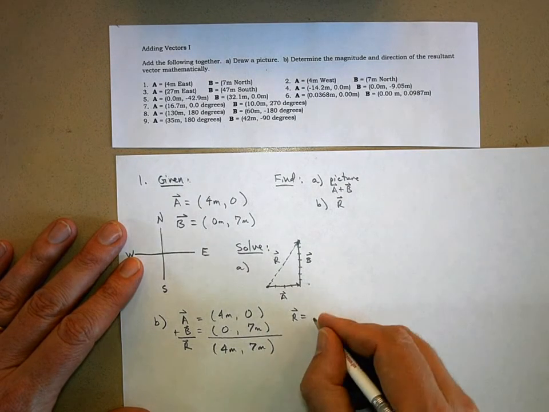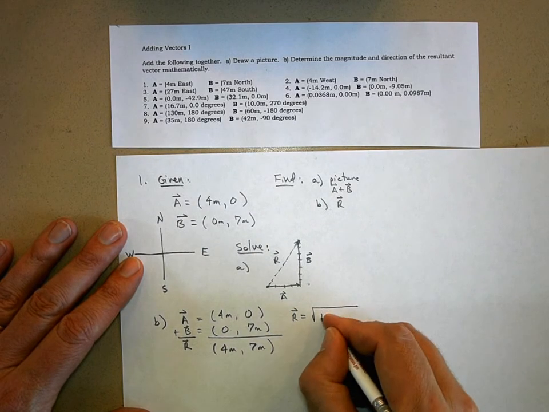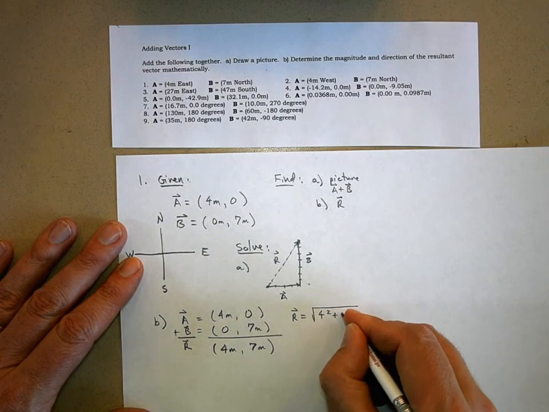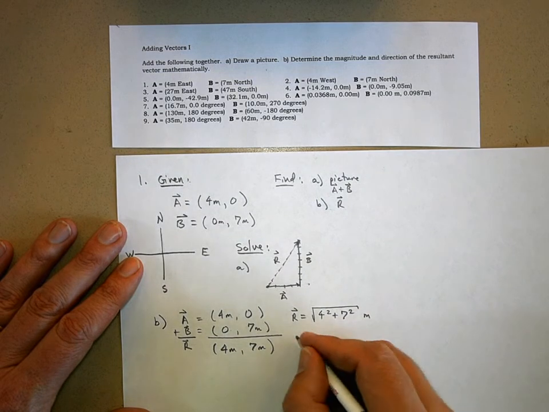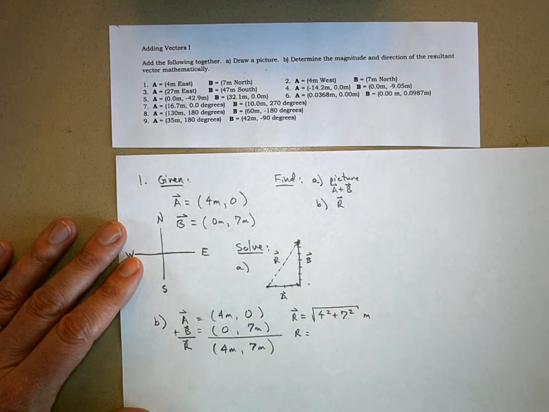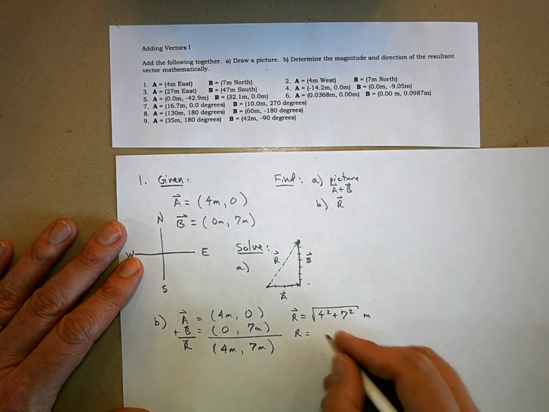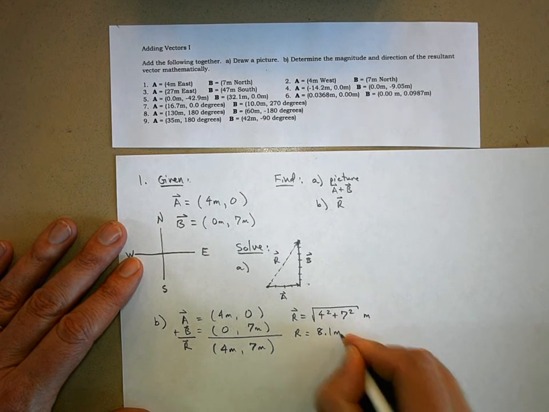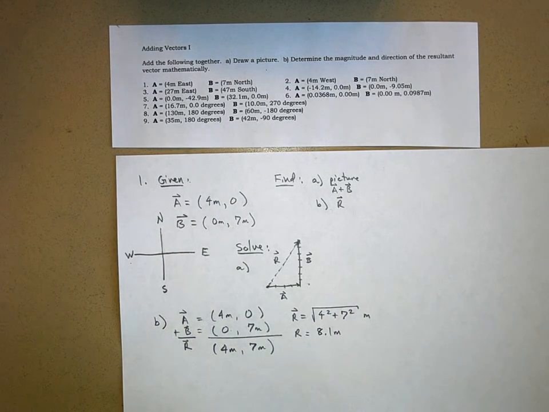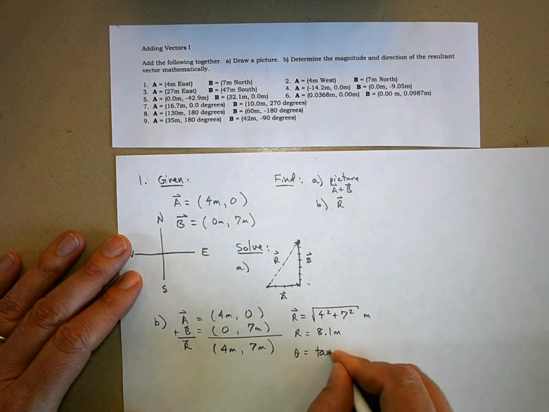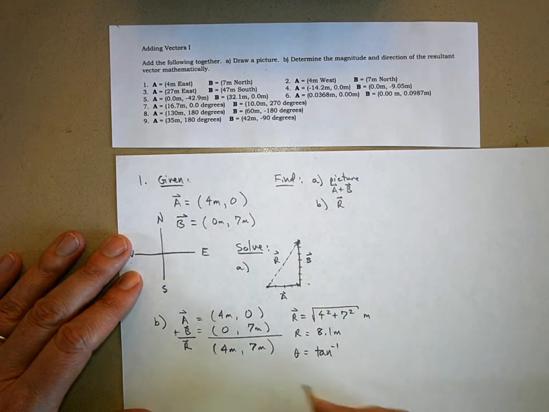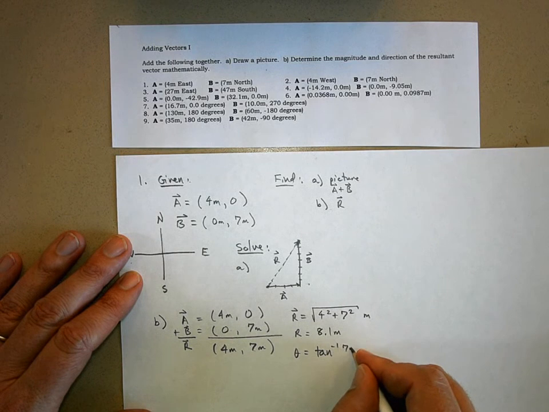So R will be equal to the square root of 4 squared plus 7 squared. This will be in meters. And when you do the math, you get 8.1 meters. And then theta is the inverse tangent of the y value over the x value.